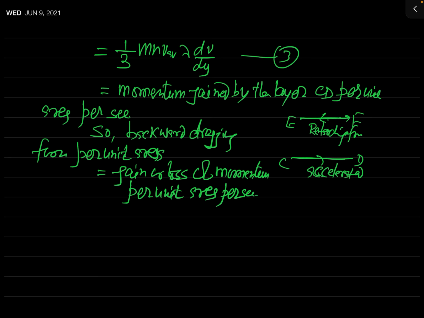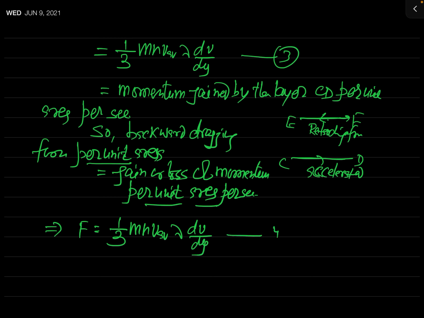Actually gain और लॉस ऑफ मोमेंटम पर सेकेंड इज फोर्स, और चूंकि हम लोगों ने यूनिट एरिया का कंडीशन लगाया हुआ है इसलिए इधर भी लिखना पड़ा यूनिट एरिया, है ना. So if you denote this force by the symbol F, then this F will be 1 by 3 mn V average lambda dV by dy.